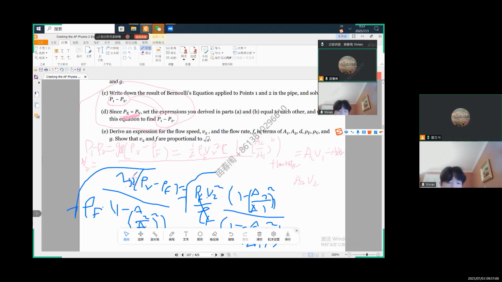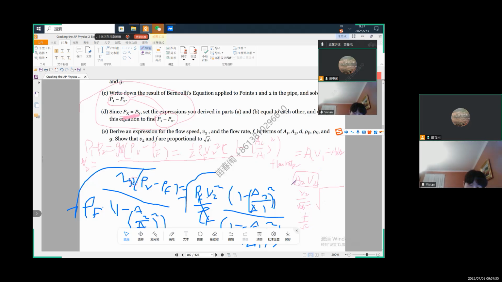Can you see that? So basically, I can just prove V2 over square root D is that big square root thing, and D gets removed, because everything in there is constant. That's why it's proportional. Same thing for F over square root D, because your expression is A2 times V2.